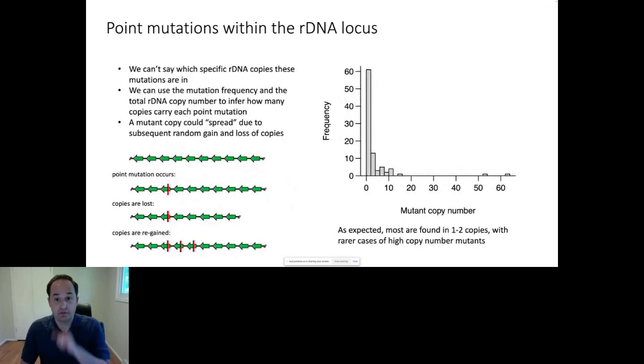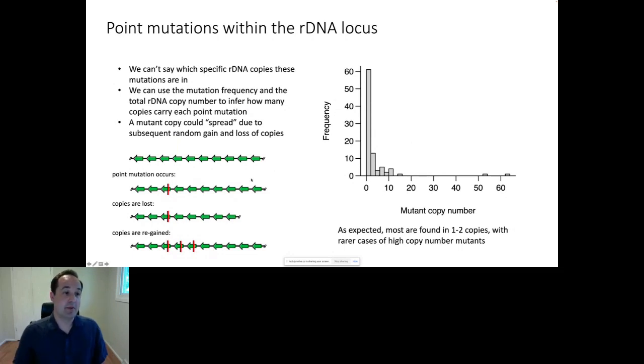The point mutations within this locus could occur in any of the copies that are in there, and we can't tell from our data which copy they're in. But we can use their frequency and the total copy number in each strain to infer how many copies are affected.